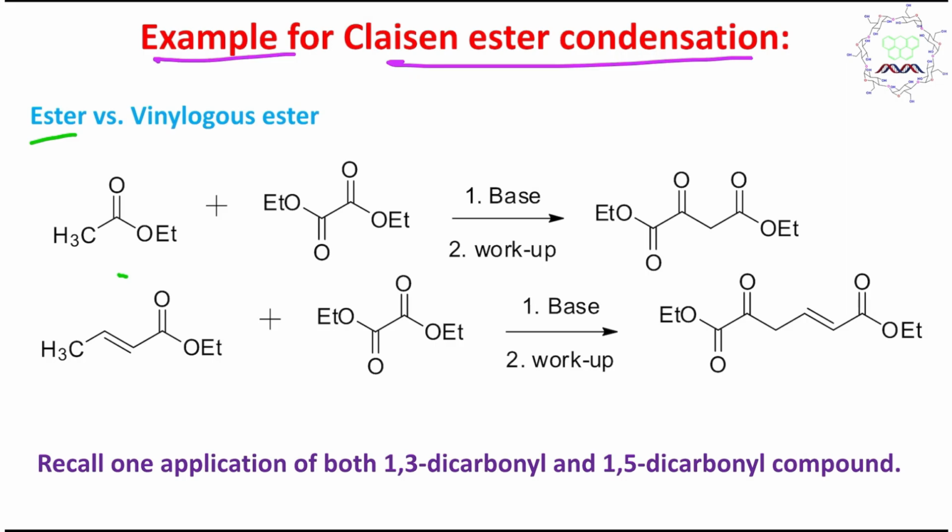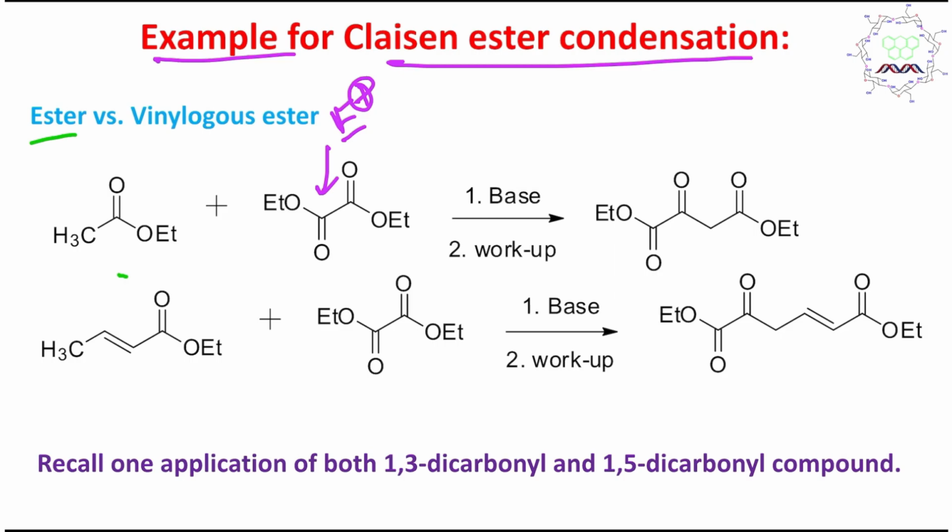Why are these oxalate esters selected? See, in this case, oxalate esters have two carbonyls together, or you can consider this a 1,2-dicarbonyl compound. That's why these carbonyl groups are extremely electron deficient. So they are very good, strong electrophiles.